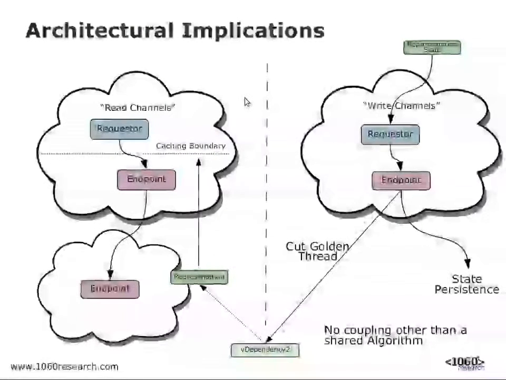Just to conclude, what are the architectural implications of this pattern? It's very common in a resource-oriented system to be able to differentiate not just horizontal boundaries in our application, but also virtual channels through the application. So we can quite easily differentiate read channels in which requesters and endpoints create resources and representations and composite values from sub-resources, and eventually these percolate up, and very naturally the caching boundary tends to reside close to the top near the requester.